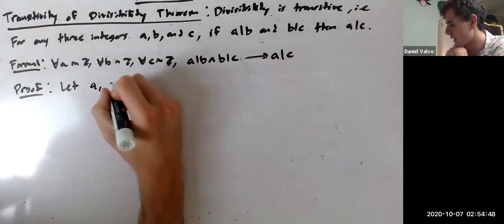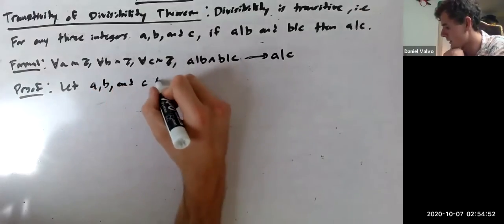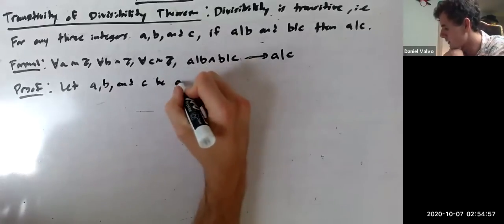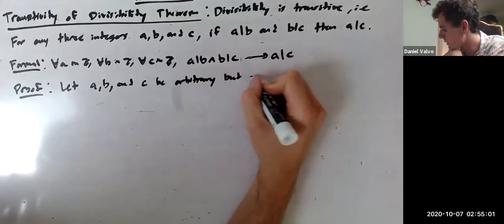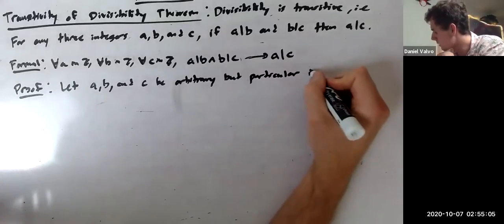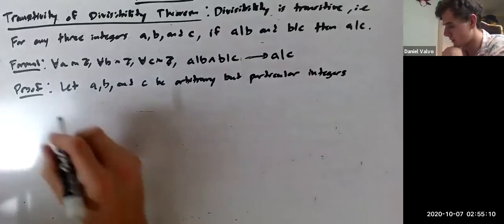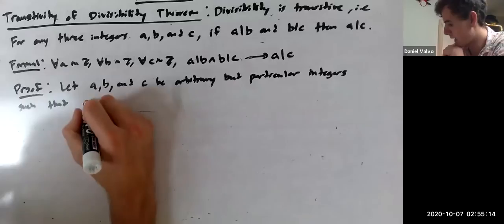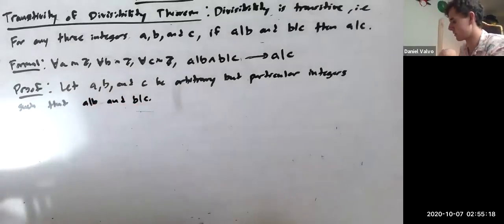So let A, B, and C be arbitrary but particular integers such that A divides B and B divides C.